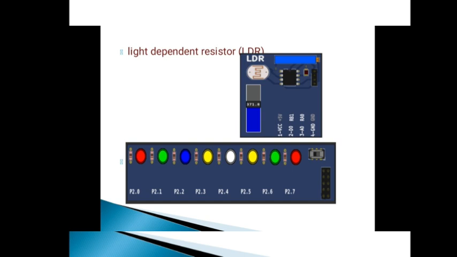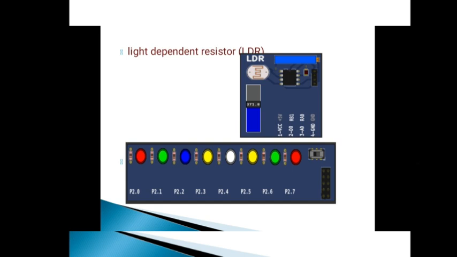In dark or low light levels, the resistance of the component is very high, and the lifetime of this component is 4.5 years. The symbol of this component is similar to a resistor, with some modifications: a circle around it and 2 arrows indicated.